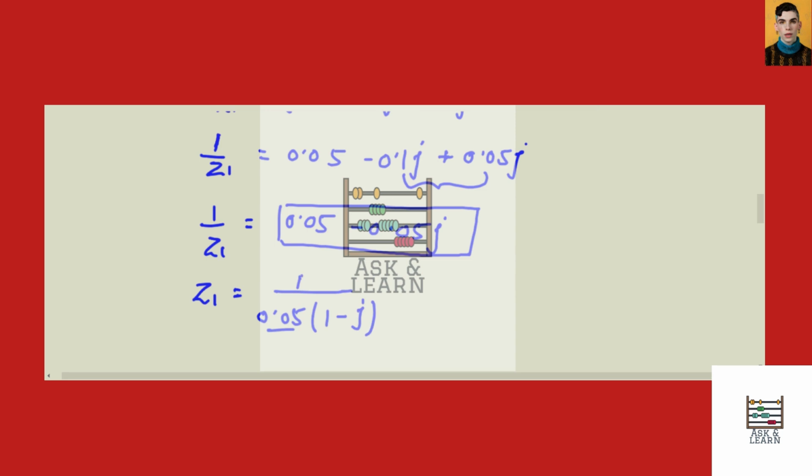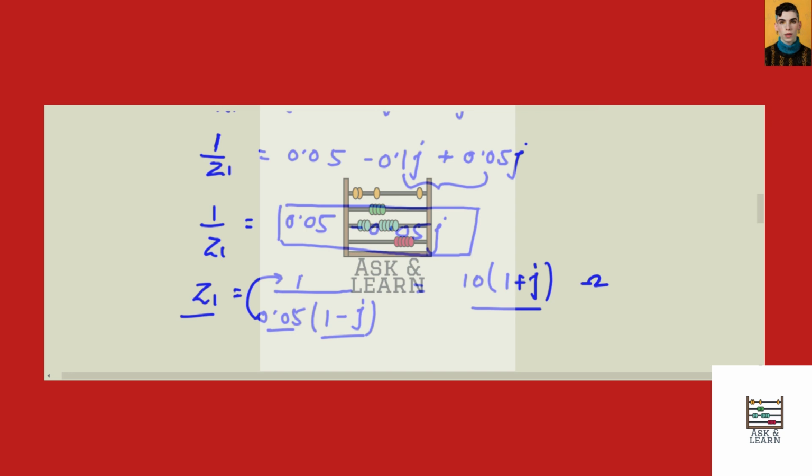If you simplify, taking it upside down, the numerator will give 10, and the denominator will give 1 plus j. Just multiply 1 plus j in numerator and denominator, and you will get this value. So this is our value of Z1 in ohms.